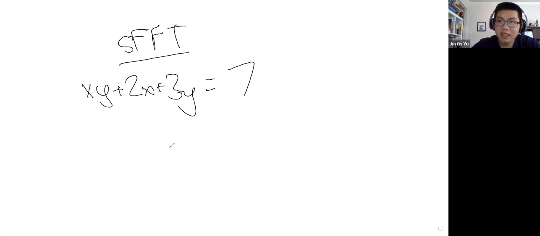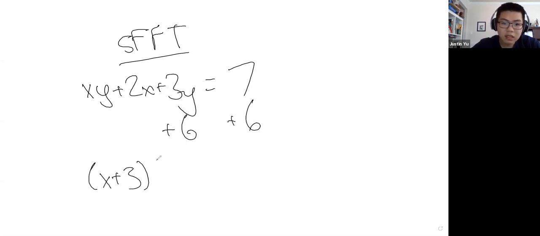Factor x, that's not the strategy that we use in this case. Oh, yeah, add 6. And why do we add 6? Because it turns out when we do that, this right-hand side can magically be factored as this. And writing a number as a product of factors, that should be a y.